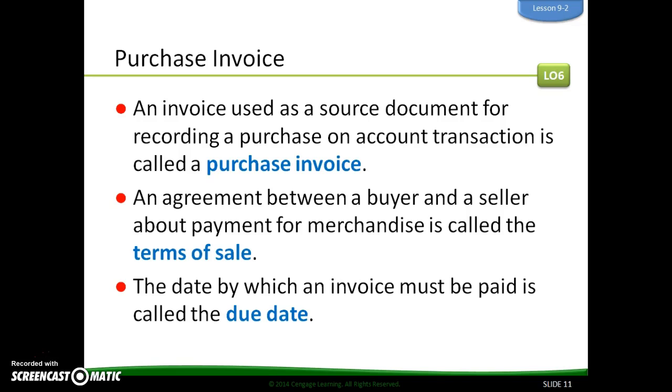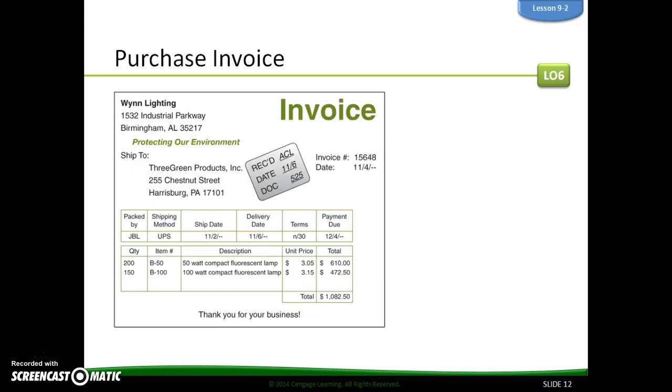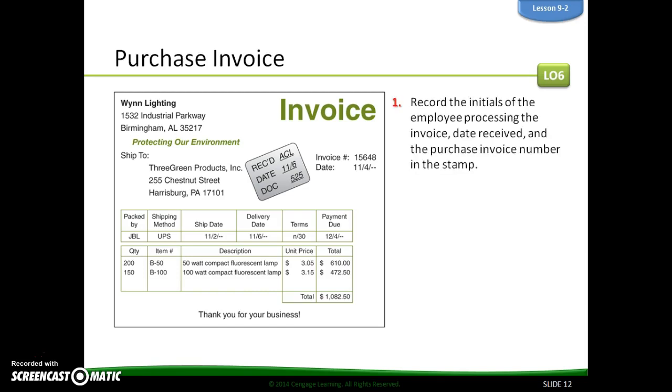The terms of sale, that's the agreement between the buyer and the seller that is telling you when does the money have to change hands? And then finally, due date, right? We have to pay our invoices, and so we're always given a date that the money has to be paid by.